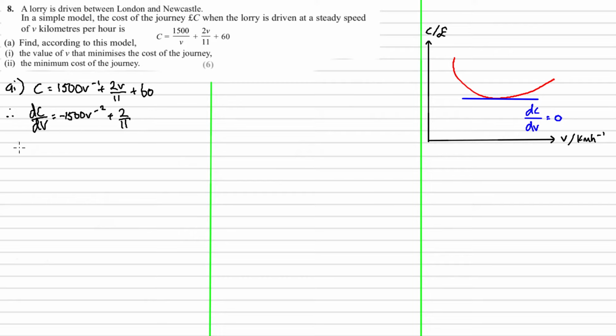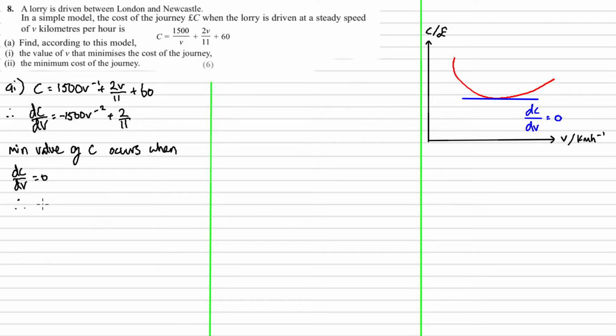So I know that the minimum value of c occurs, as I explained before, when dc by dv equals 0. So what I can therefore say is that I can equate the gradient function to 0.